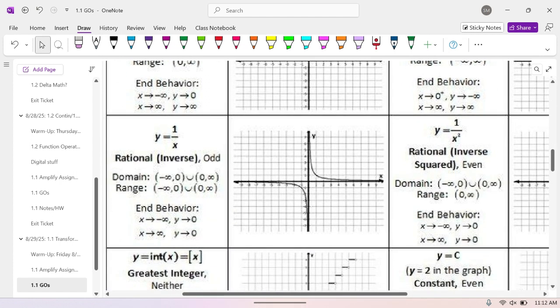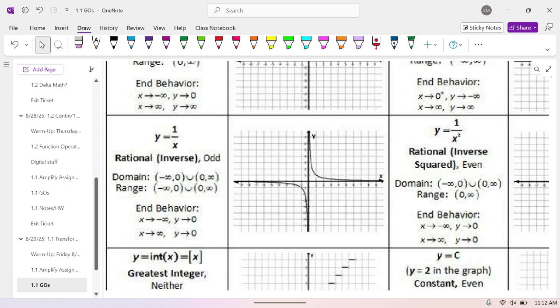Now, rational, you don't necessarily need to know, so I'm not going to highlight it, but we will be dealing more with this in Unit 4. So just know its parent form is 1 over x. But again, in terms of this unit, you're not going to be transforming a rational function. That's also what the graph looks like.